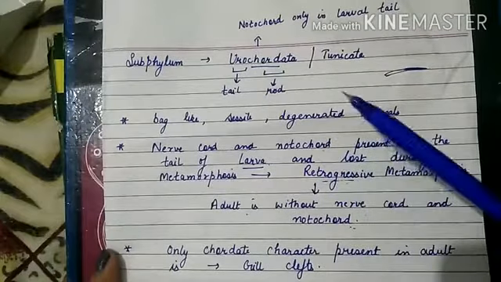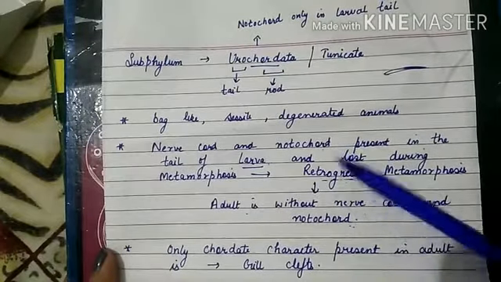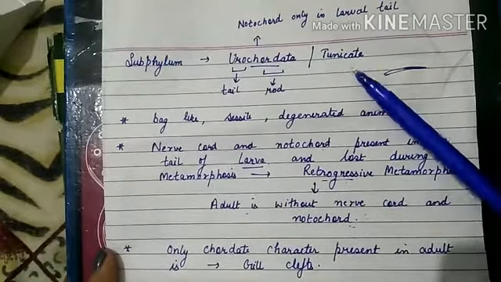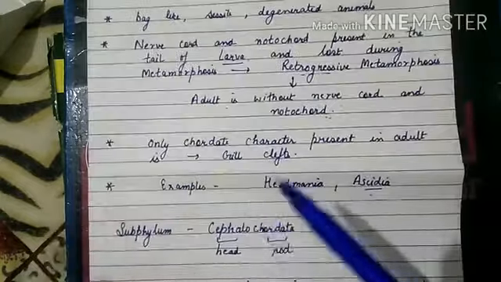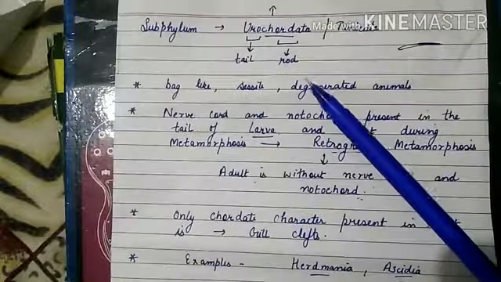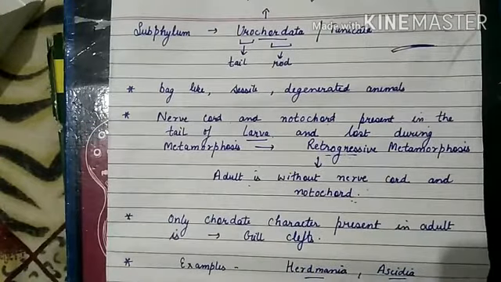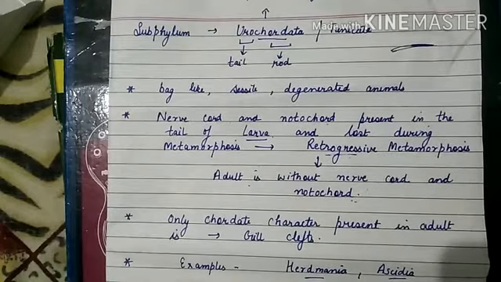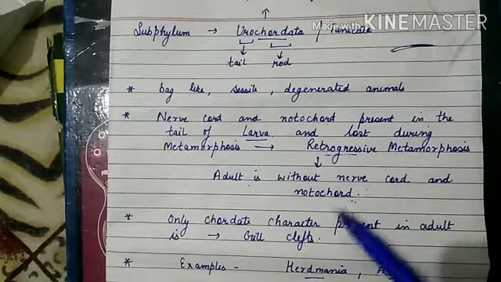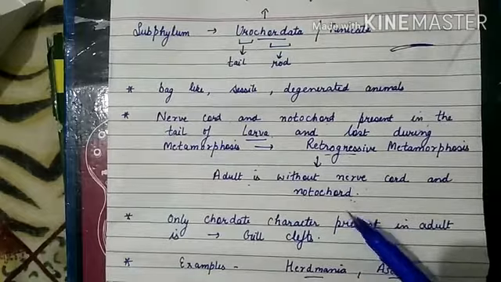After that, we studied the general characters of subphylum Urochordata, also known as Tunicata, and the examples Herdmania and Ascidia. Only the names of the examples you have to learn, and the three general features.